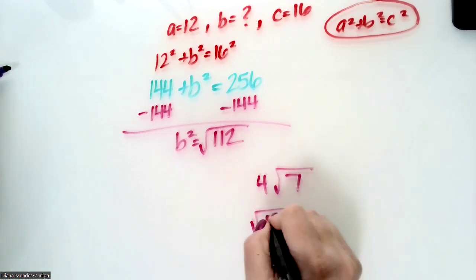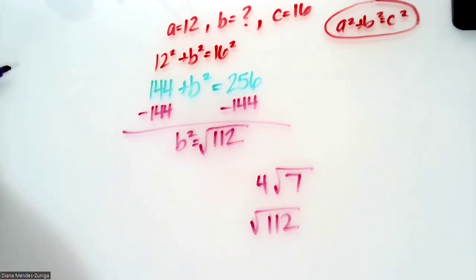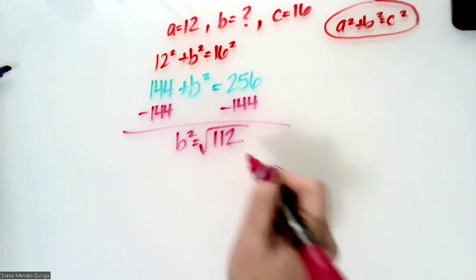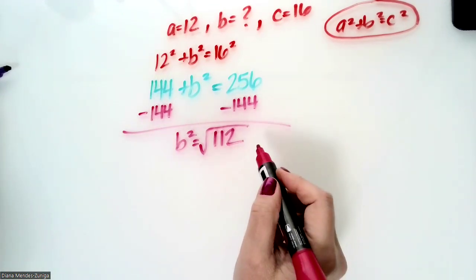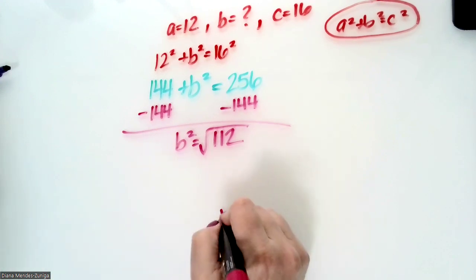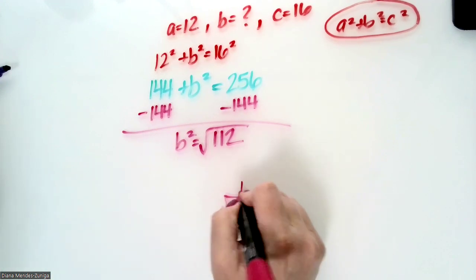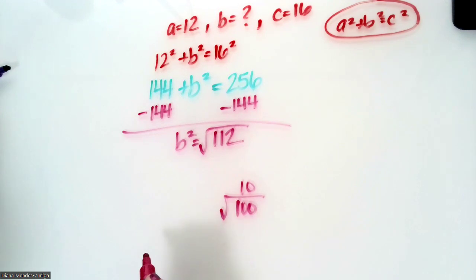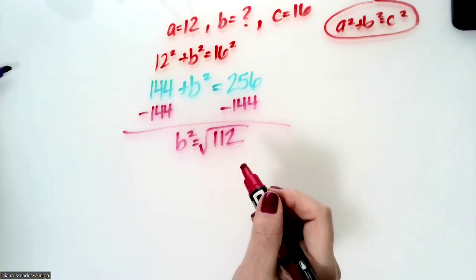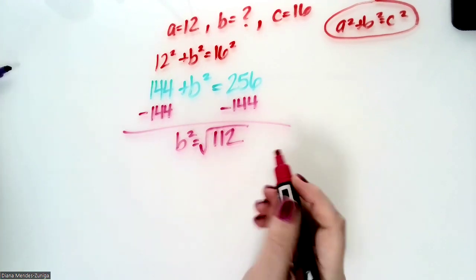Or it might even say something like this, okay? What that means is that there is no exact number that when you times it times itself, it equals 112. So like if we have the square root of 100, 10 times 10 equals 100. There is no whole number times itself that equals 112.